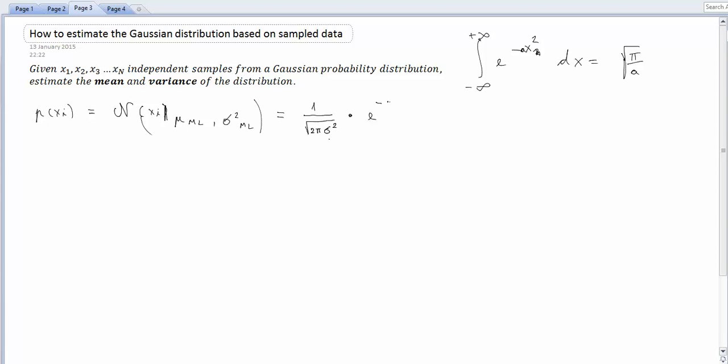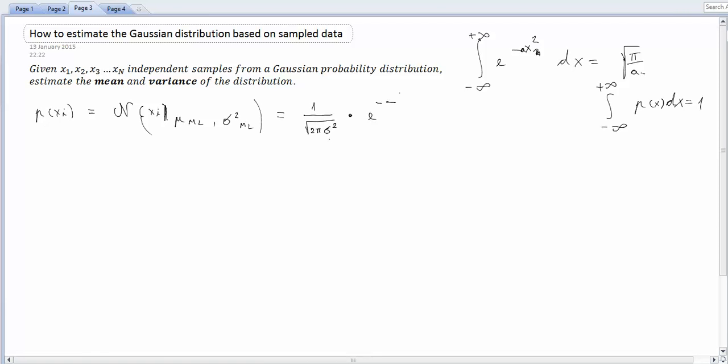So if it goes under and I put something under, then it goes on top and simplifies with this, and in the end the pi simplifies with the pi, and the whole integral from minus infinity to plus infinity of p of x dx has to be 1. So everything needs to simplify itself.